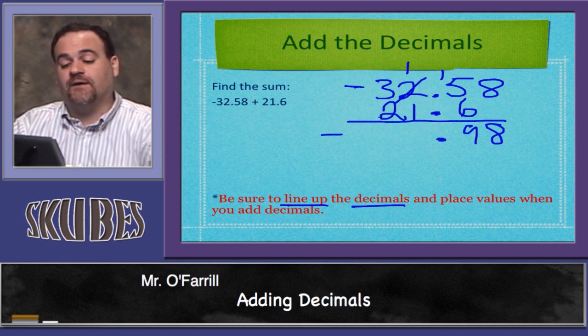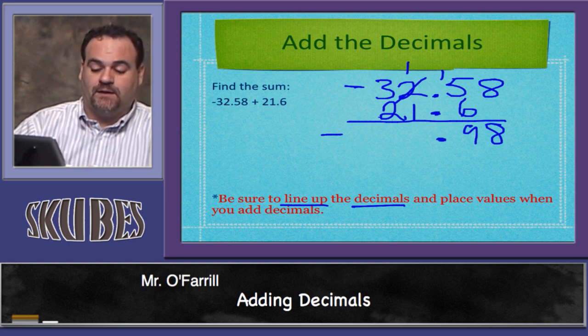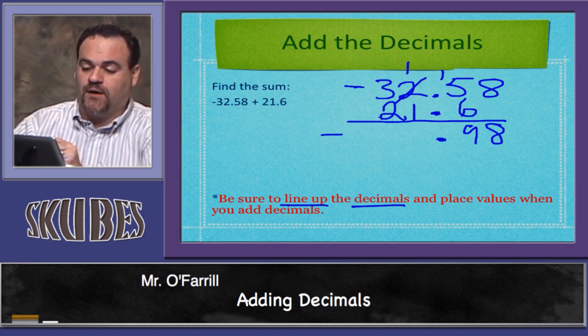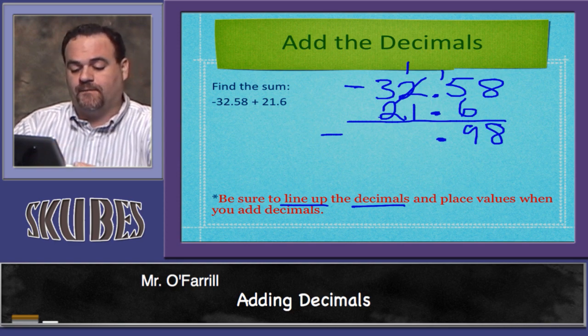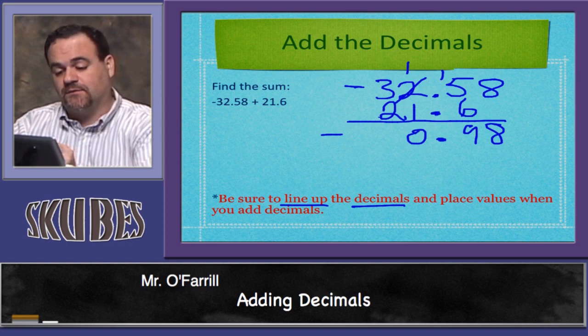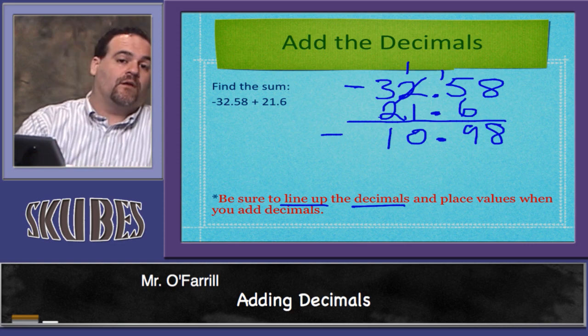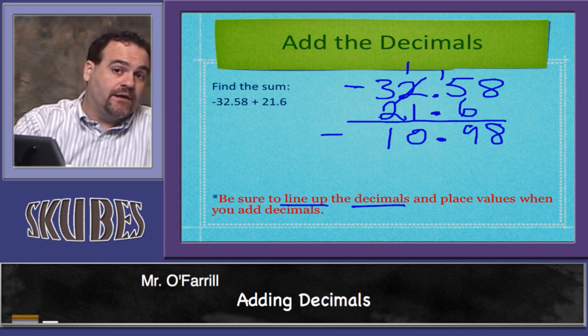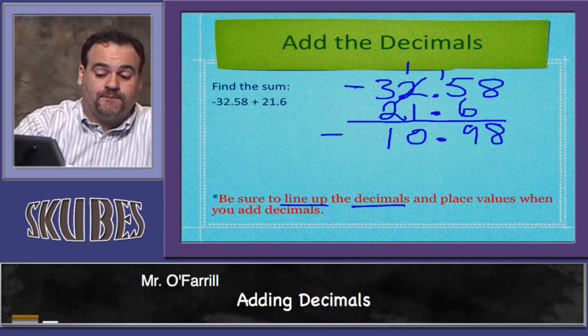Bring that decimal down. At this point, we now have a 1 minus 1, which is 0, and 3 minus 2, which is 1. Final answer is negative 10.98.